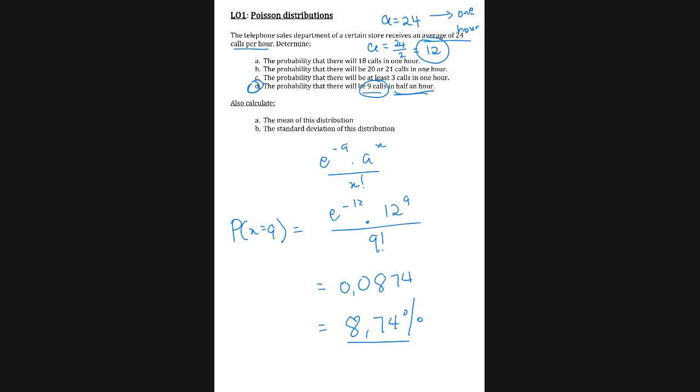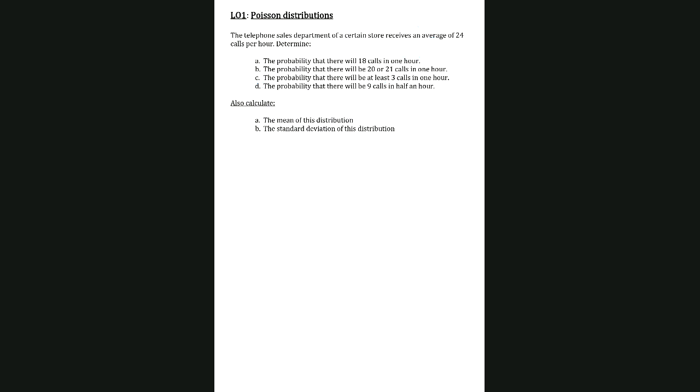Okay, so let's have a look at then the additional calculations. In this case, they've asked you to calculate the mean and the standard deviation, which are very commonly asked questions when it comes to your binomial and Poisson distributions. For your Poisson distribution, to calculate the mean, it's actually already given to you, which is the value of a.